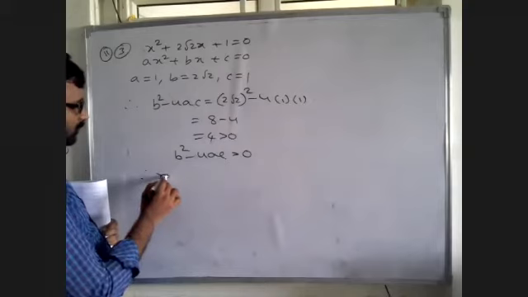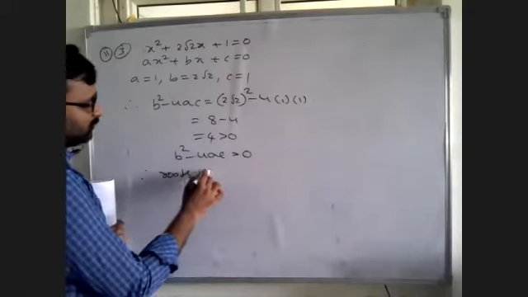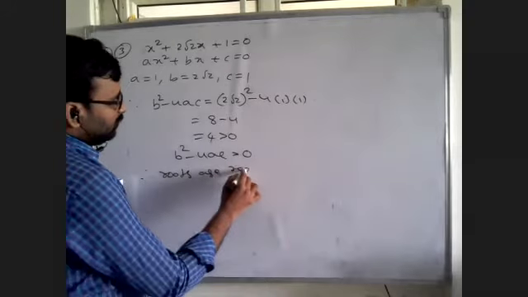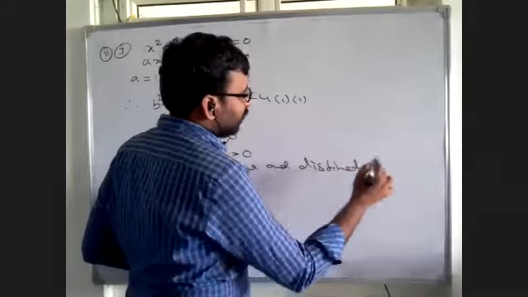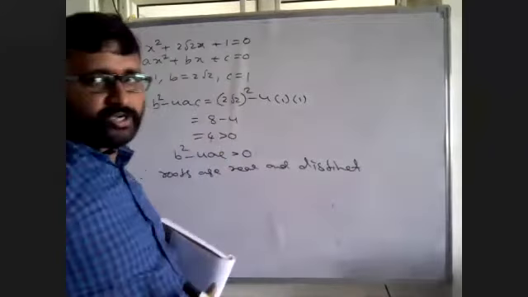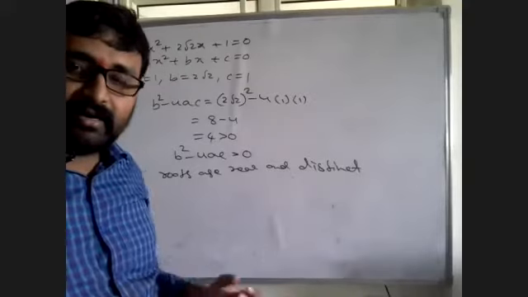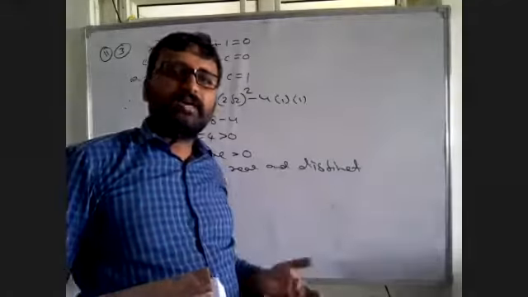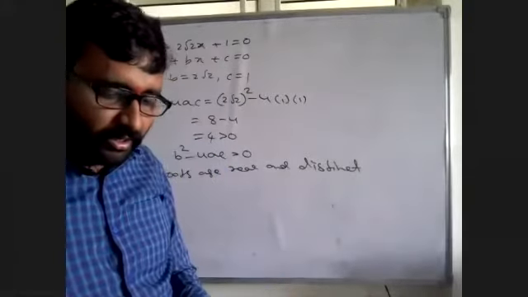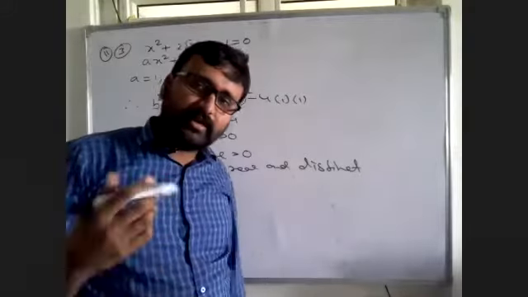Therefore, the roots are real and distinct. And also I gave you one condition. Depending on the position of a, b, c, we can say the roots are unequal and rational or unequal and irrational.